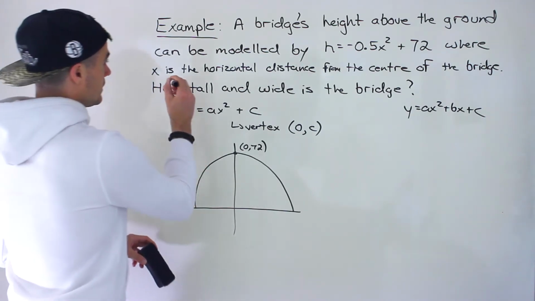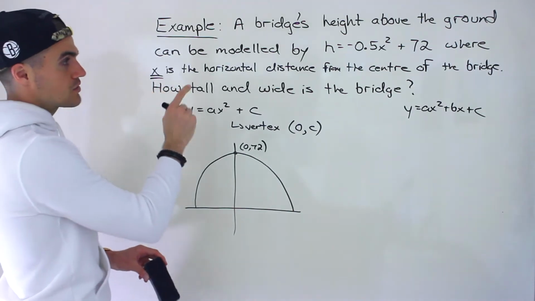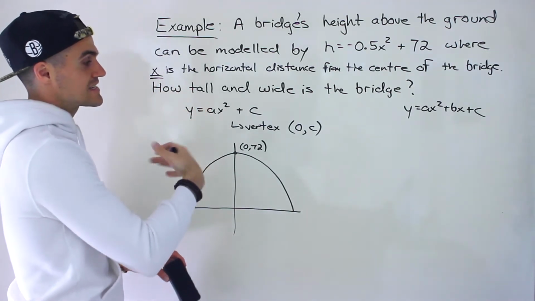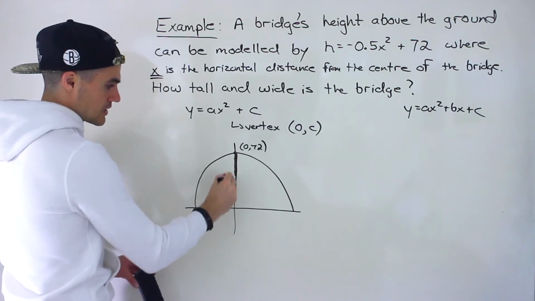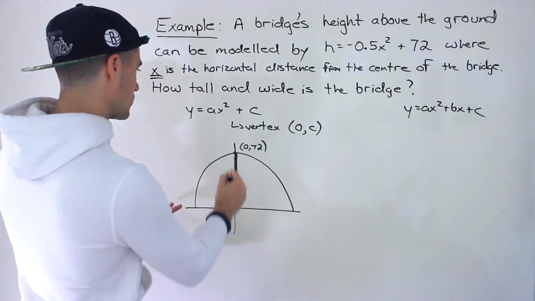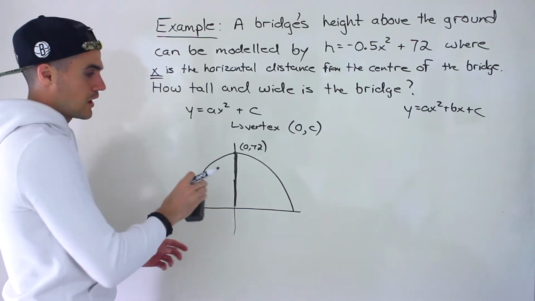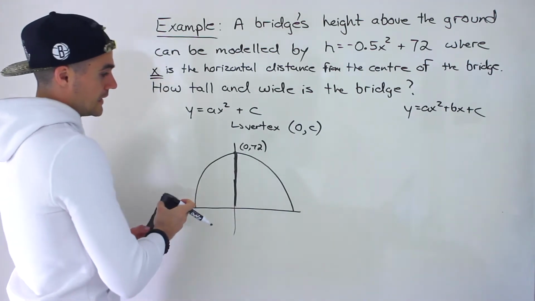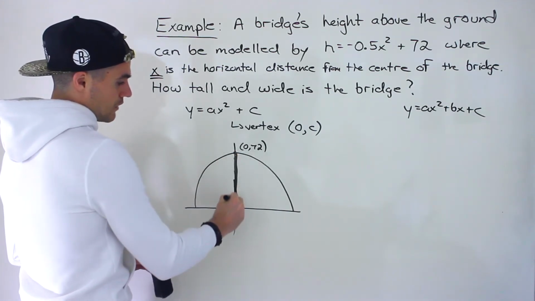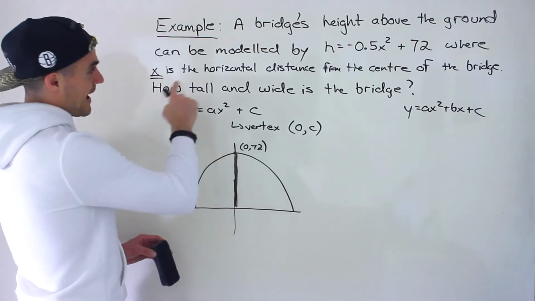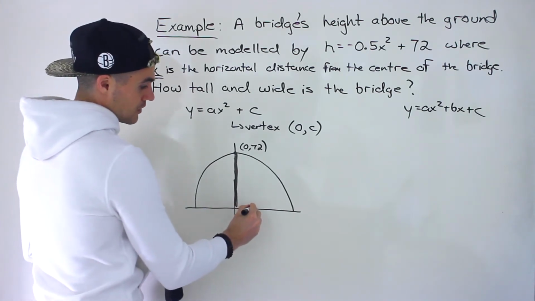Now, in this particular case, x is the horizontal distance from the center of the bridge. So the center of the bridge is right here. This drawing is maybe not symmetrical, but it should be symmetrical if you draw it on graph paper. When they say x is the horizontal distance, let's say we have an x value of 5.